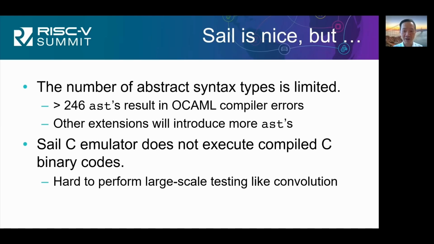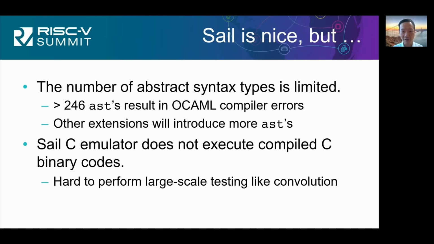And also during our testing, it's probably easy to test instruction by instruction. As we can see, we use Spike and also RISC-V test cases. But when we want to do some serious testing, like convolution, we find that the CELL C emulator does not execute compiled C code. And this also goes for all the C libraries, like digital signal processing or neural network libraries.